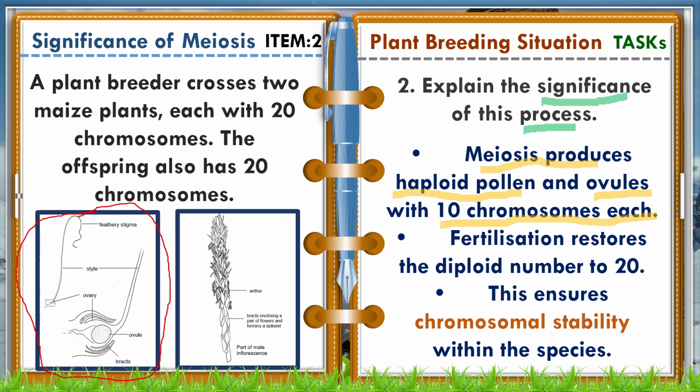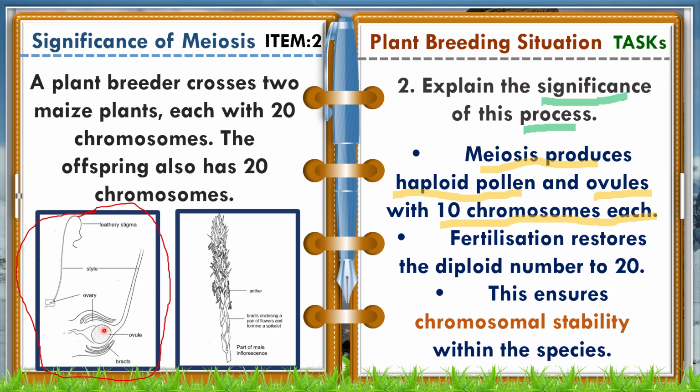This is the female part of the maize. We have the ovary here, and then we have the style, and then we have the stigma. Now the ovary here is haploid.